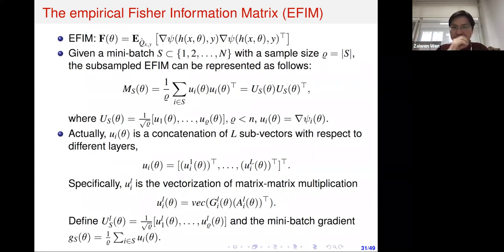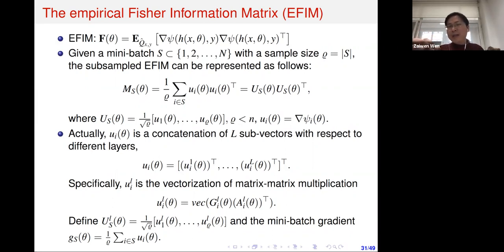Because we have a large neural network, in those algorithms we have to store quite a few things. For example, the gradient, the parameters themselves, and also the data sets.